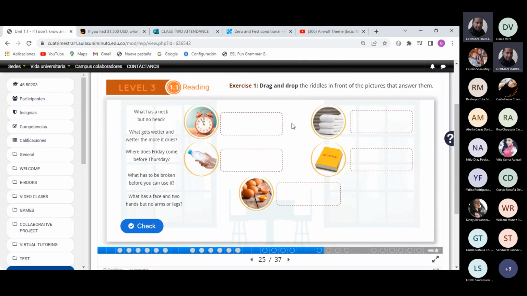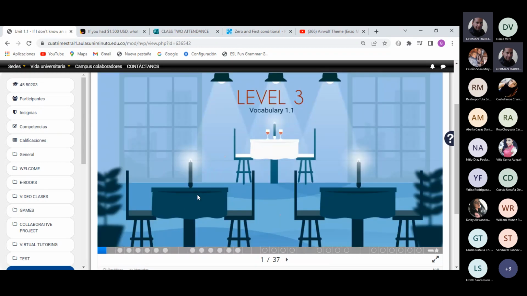¿Listo? Una vez tenemos ese zoom de 90%, aquí se nos visualiza cómo vamos a hacer las unidades. Recuerden que las unidades están divididas en diapositivas. Las primeras diapositivas, las que no tienen círculos, son diapositivas de explicación, ¿listo? Si nos ubicamos en la diapositiva número 1, ahí sale level number 3, vocabulary 1.1.